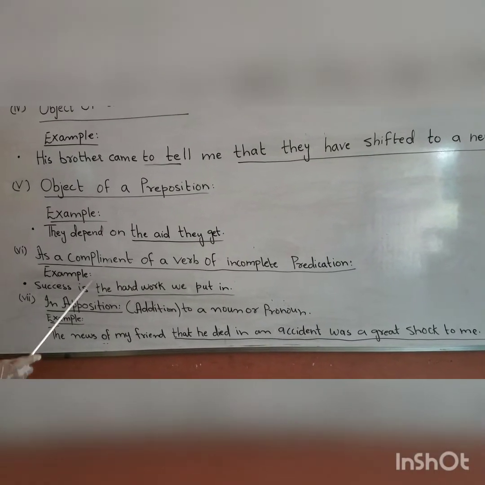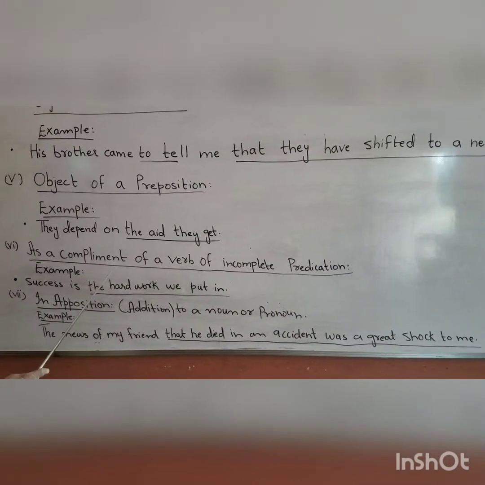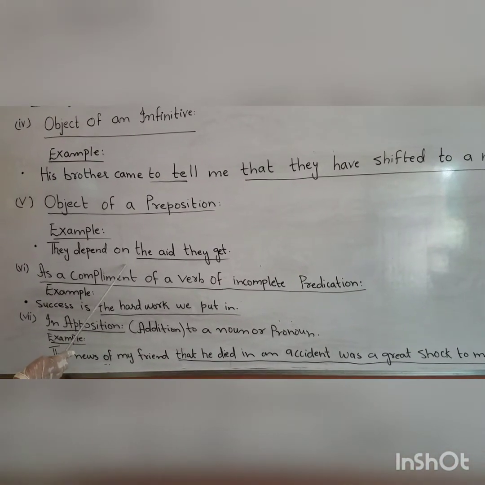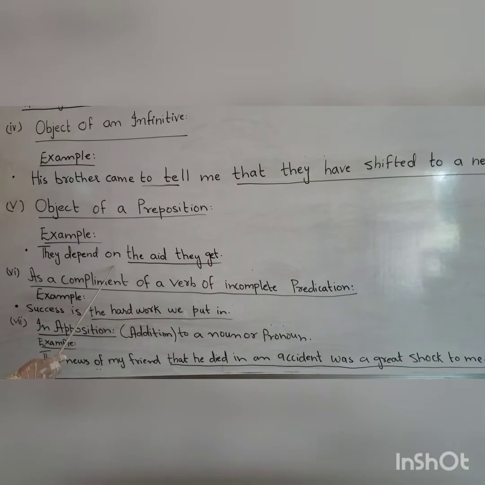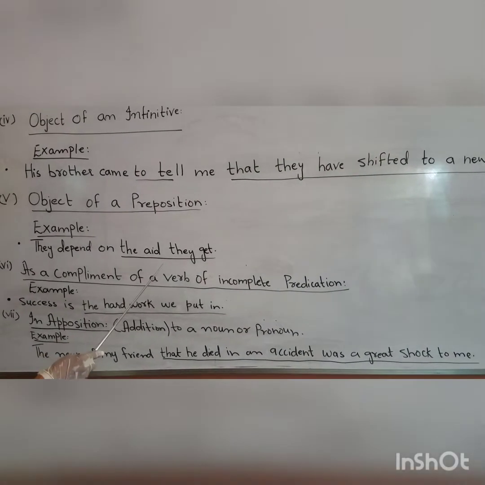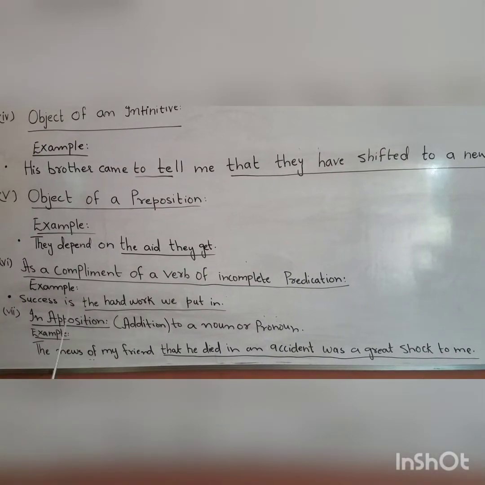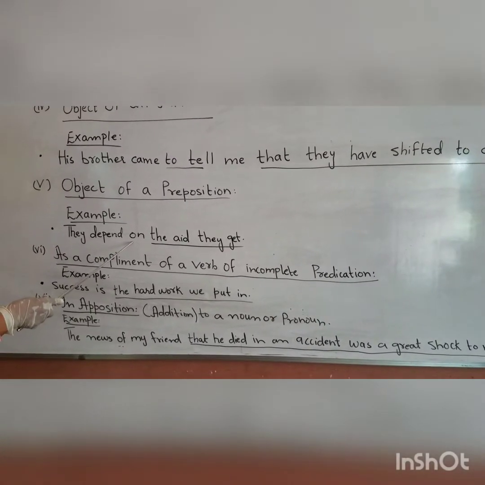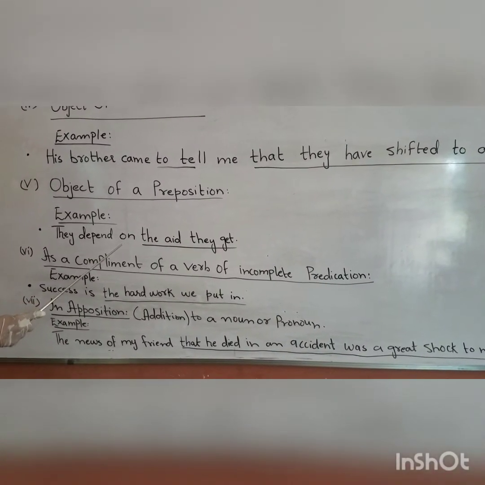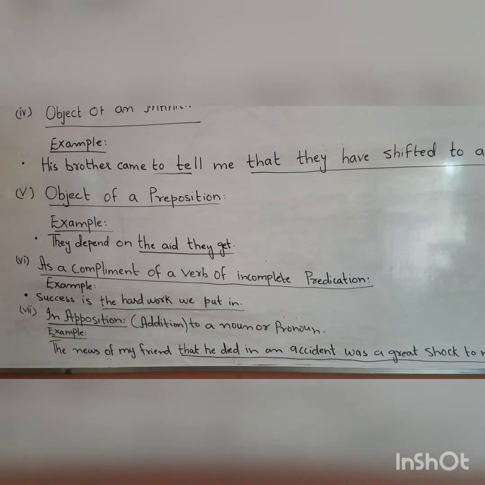The noun clause in this sentence stands as the object to the preposition here, on, and not to the verb they get. Focus is on the preposition. It is doing the function of the preposition.